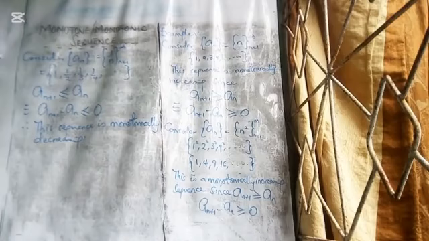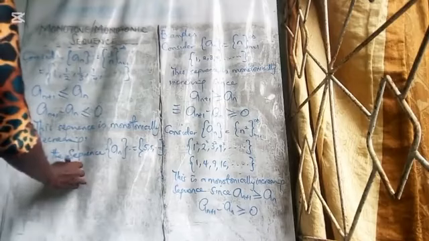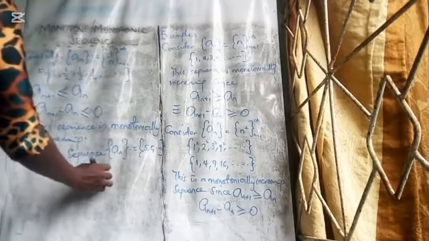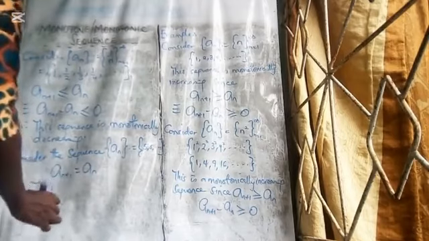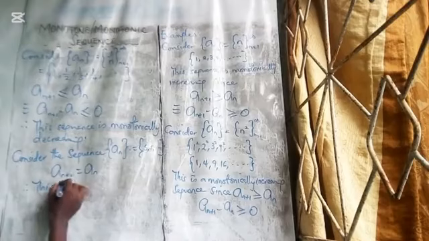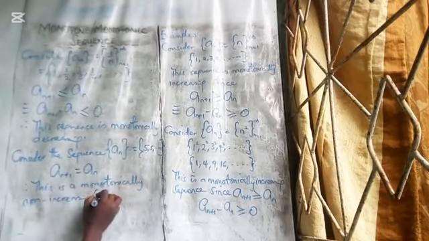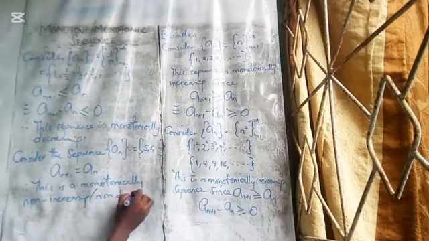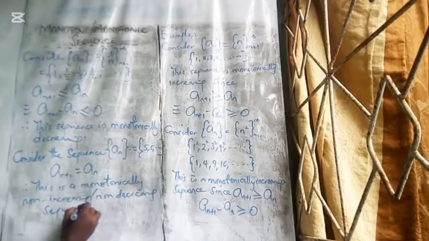Now let's consider the constant sequence 5. Here, we see that a sub n plus 1 is equal to a sub n. Therefore, this is a monotonically increasing or non-decreasing sequence.